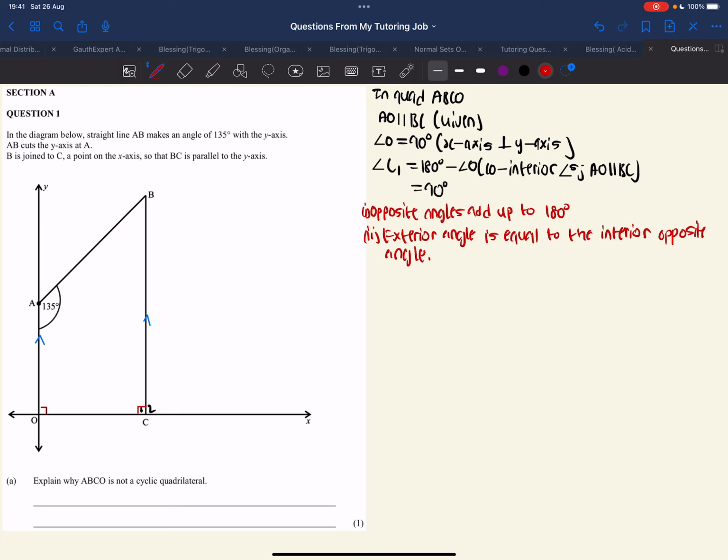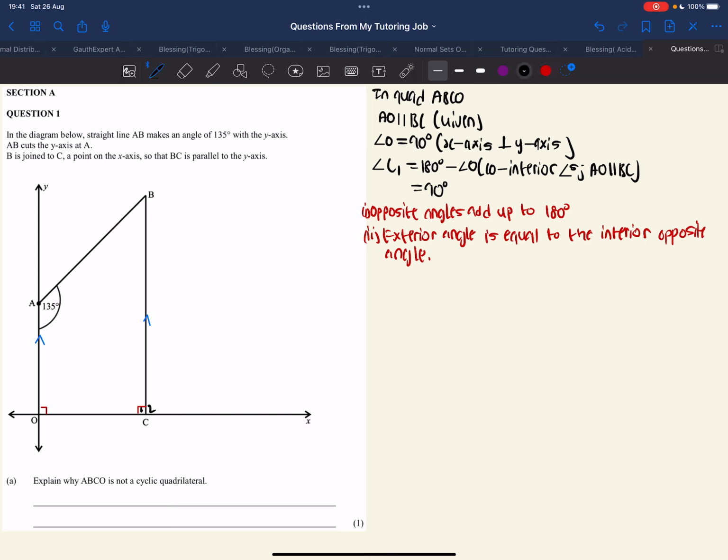We can either use opposite angles adding up to 180, or the exterior angle being equal to the interior opposite angle. Now we can either choose this angle here or this angle there. But seeing that we already know what those angles are, let's see what they add up to.